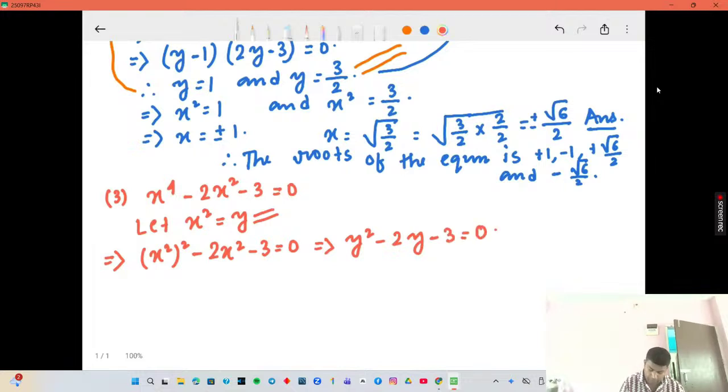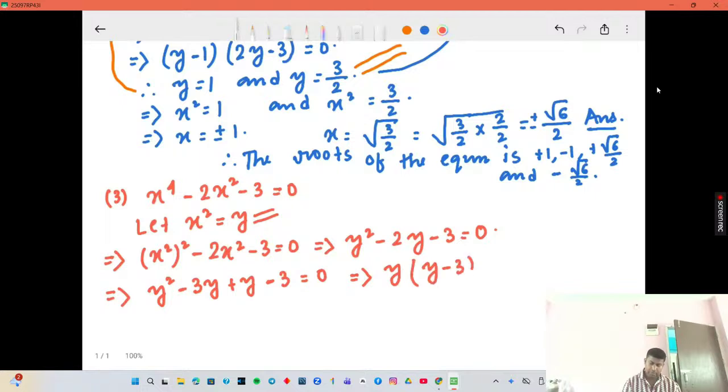Okay, now we will solve this equation. So how can we solve this equation? Like this: y squared minus 3y plus y minus 3 is equal to 0. Here we take y common, then it will come y(y minus 3) plus 1(y minus 3) is equal to 0.